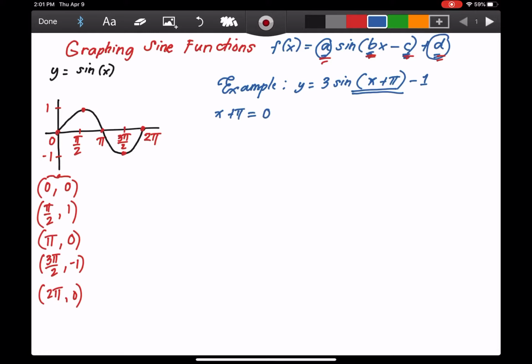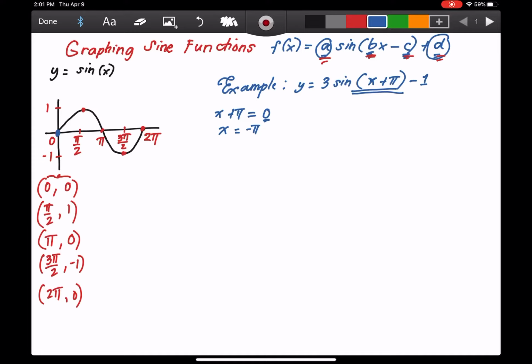Why 0? Because in our parent function, we started the graph at 0. So it only means that this should also be equal to 0, right? Okay, so we find the value of x. So x equals negative pi, which means that we will be starting the graph at negative pi.